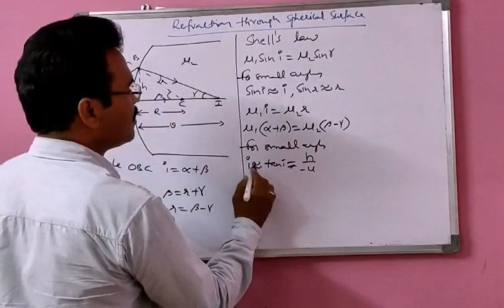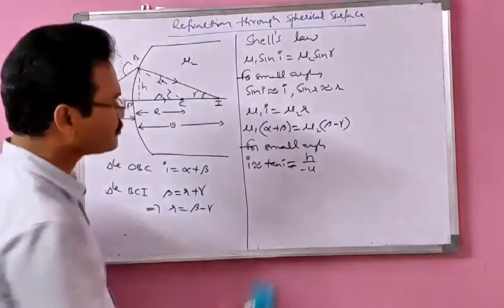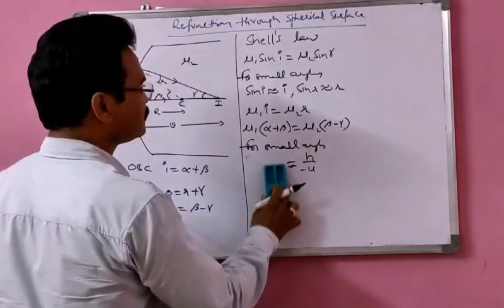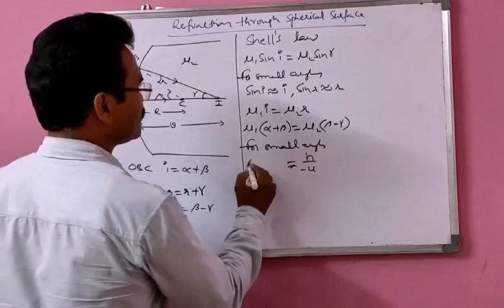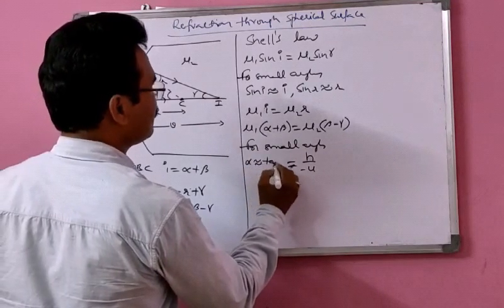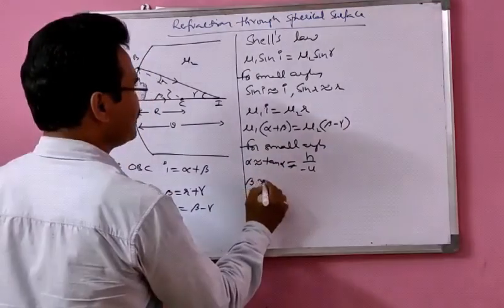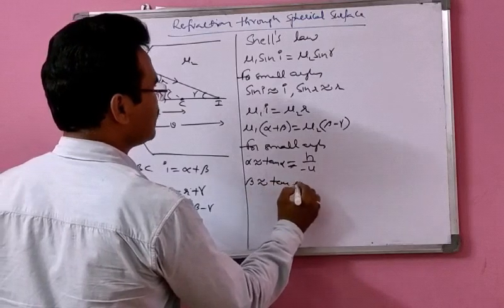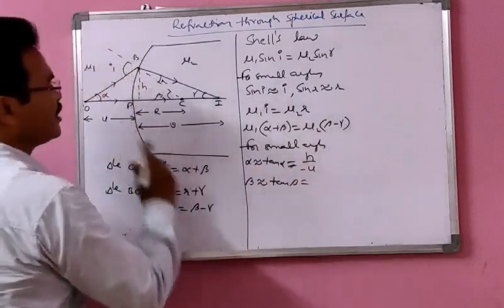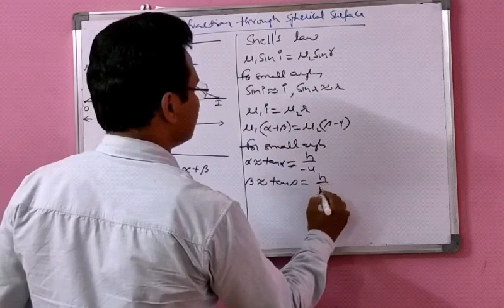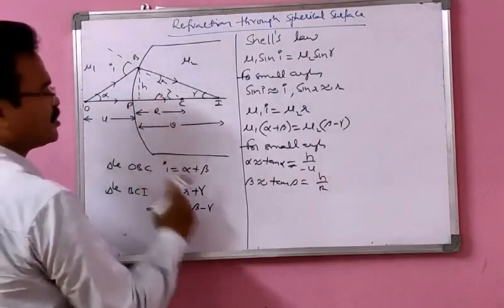Beta is approximately equal to tan beta, which is h by R, because R is positive.